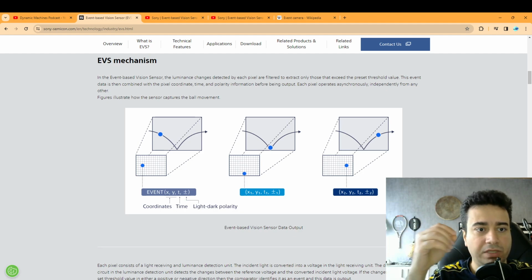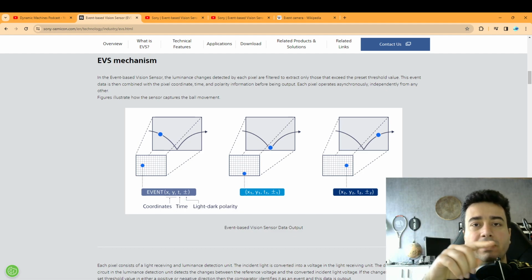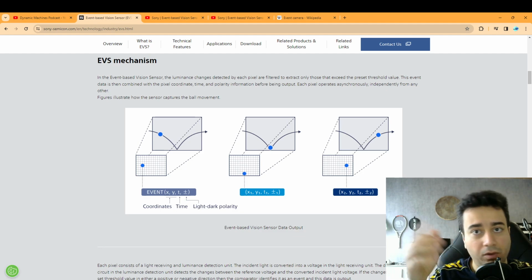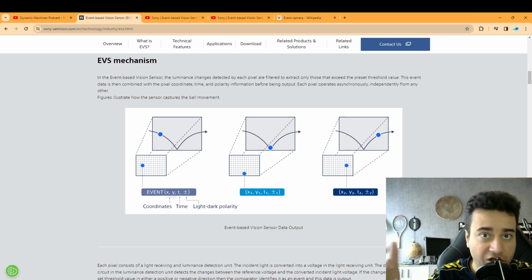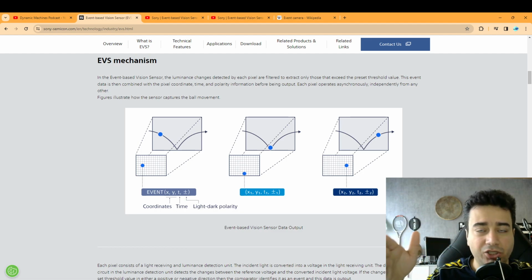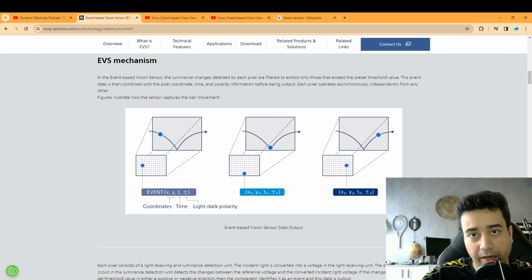Only that object, for example here the ball, in each pixel will be represented as a dot, and the position of this ball changes over time, and it moves from one XY position to the next position over time. So we have a continuous tracking or detection of the ball movement over time without any stop.